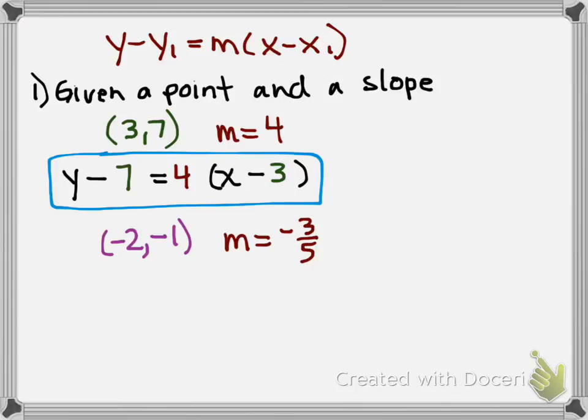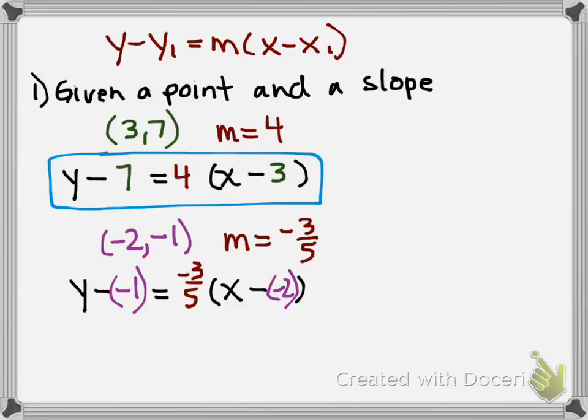So again, my frame starts off y minus, and then I'm going to put in the y coordinate, equals the slope times the quantity x minus the x coordinate. And then I just start plugging in values. So the y is a -1. The x is a -2. The slope is a -3/5.